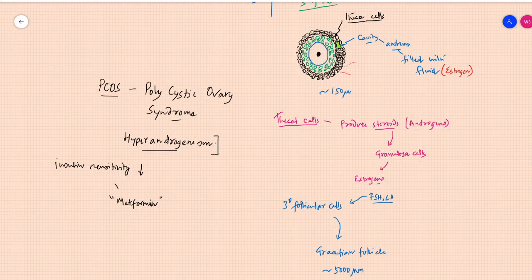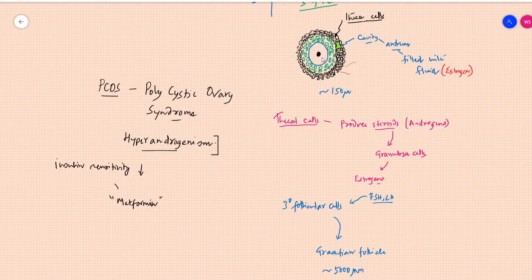After ovulation, after the ova goes off, what would happen is, do you see this? These blood vessels are near these cells. These cells obviously would break open, and that would damage these blood vessels.